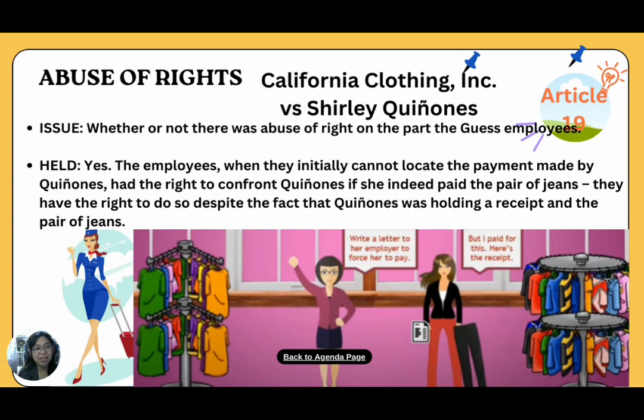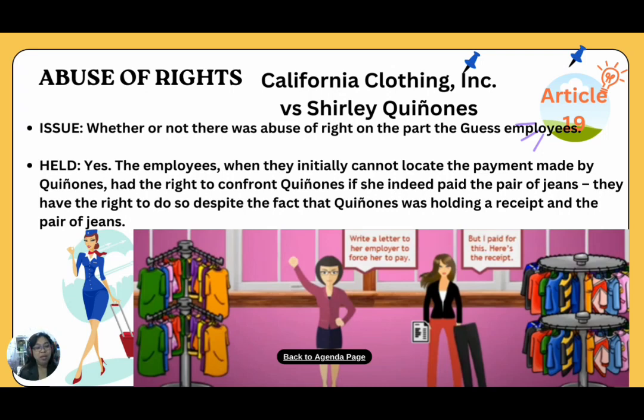The court held that yes, the employees, when they initially could not locate the payment made by Miss Quiñones, had the right to confront Miss Quiñones if she indeed paid for the pair of jeans, despite the fact that Quiñones was holding the receipt and the pair of jeans. She showed it naturally, so they did not have to write to the employer of Miss Quiñones.